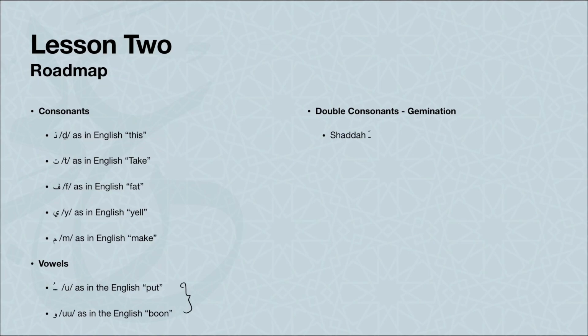And as we've learned about sukun in our first lesson, we're going to learn about something called shadda. Shadda means to stress or to kind of double. Yeah, we would learn about shadda.